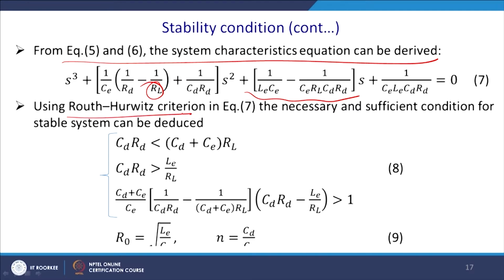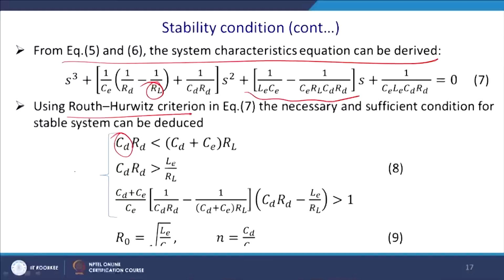In equation 7, the necessary and sufficient conditions will be the sign change in the Routh array, and thus we rewrite the Routh-Hurwitz criterion here. So, what you get here: C d into R d should be less than R L into C d into C, to fulfill the stability criteria.